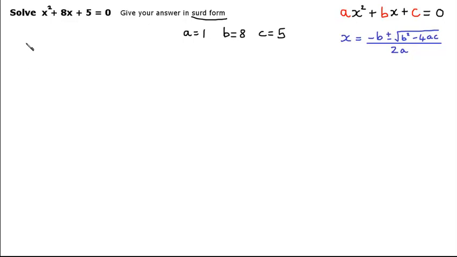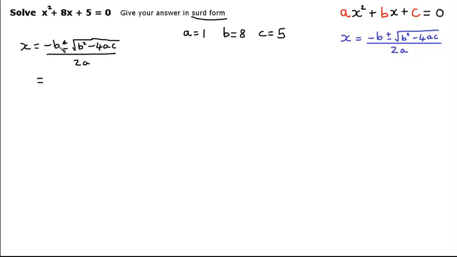So we take our formula, so we've got x equals minus b plus or minus the square root of b squared minus 4ac, all divided by 2a.